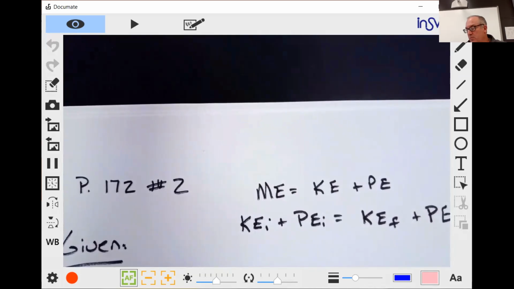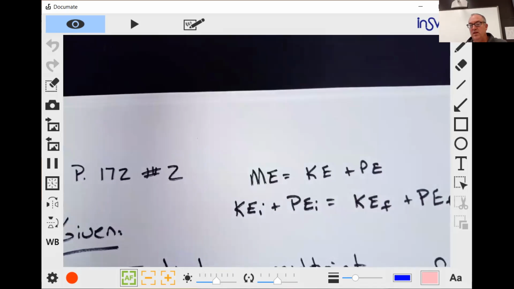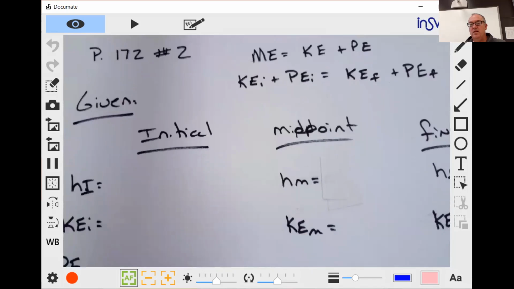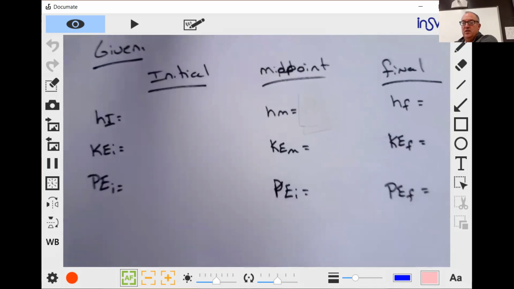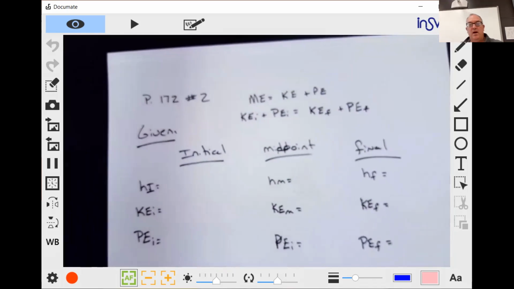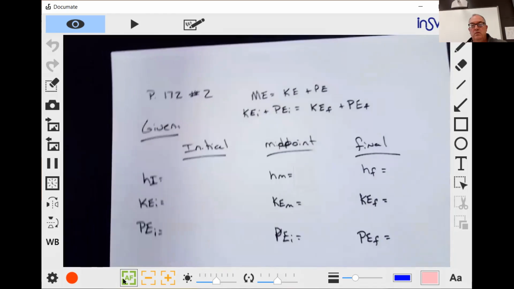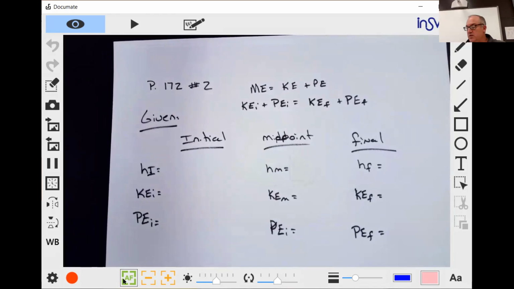So why don't you open up your books, get that, pause the video if you need to, and I want you to be able to read through the given. I'll give you a little hint on these problems. We can break it up even more. In this problem, you're going to want to keep track of the initial height, the initial kinetic energy, the initial potential.